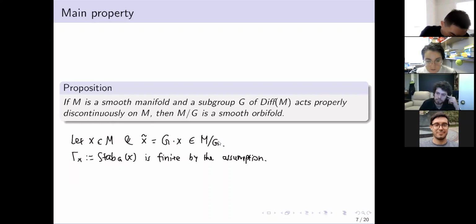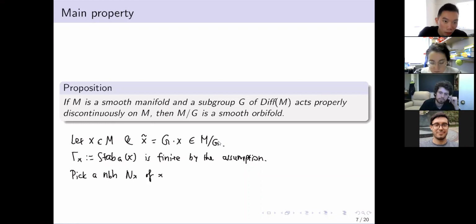From here on, I can try to pick a neighborhood, let's say I'm going to call it N_x of x, that is invariant under the stabilizer.